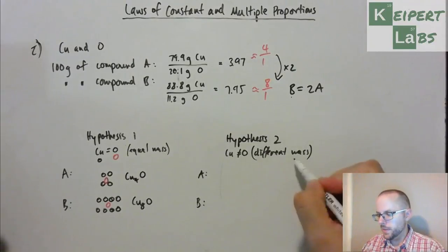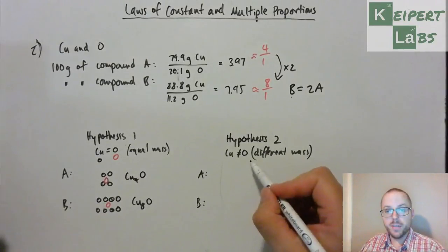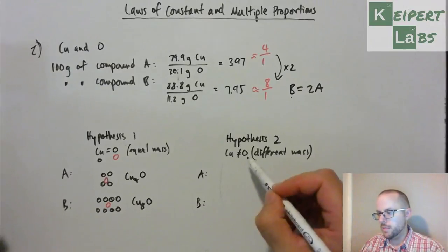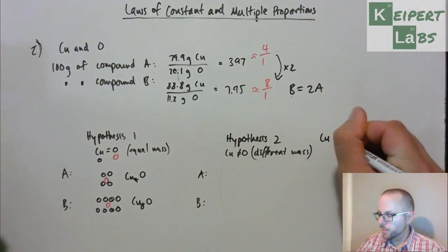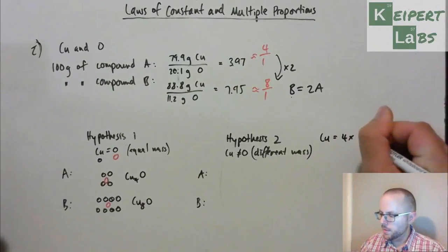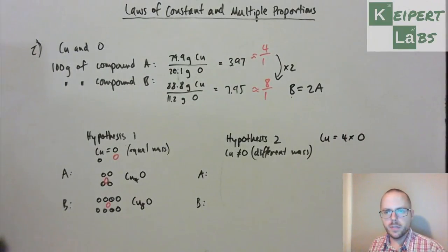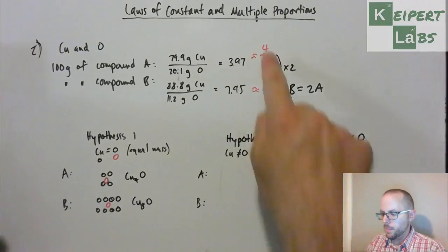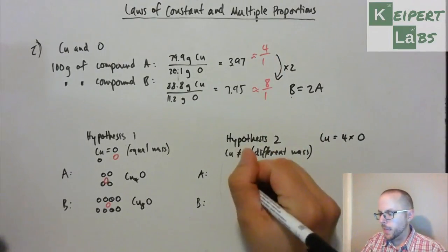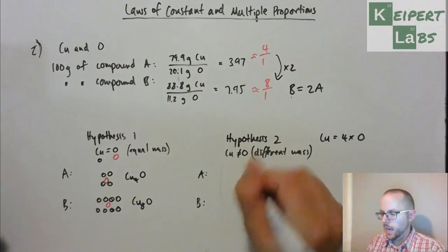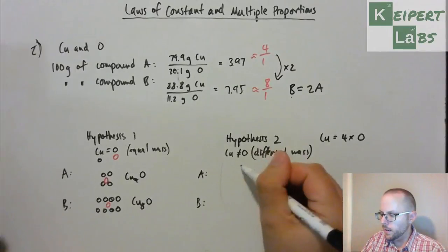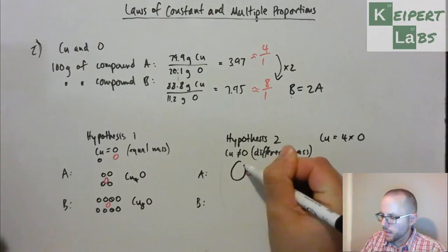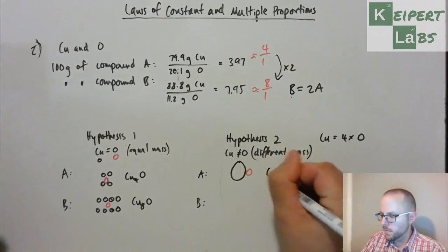Or we could say maybe they don't have the same mass, and that mass is different by a particular ratio. That is, copper is 4 times the mass of oxygen. Then this mass ratio could be explained by having 1 copper and 1 oxygen. That's the simplest ratio we can get, but the copper has 4 times the mass.